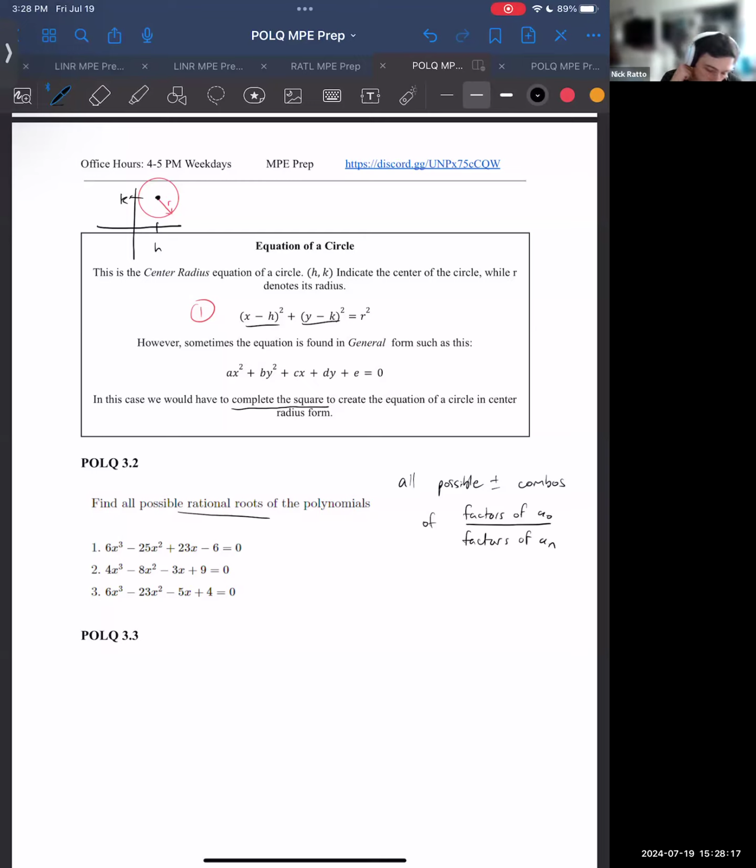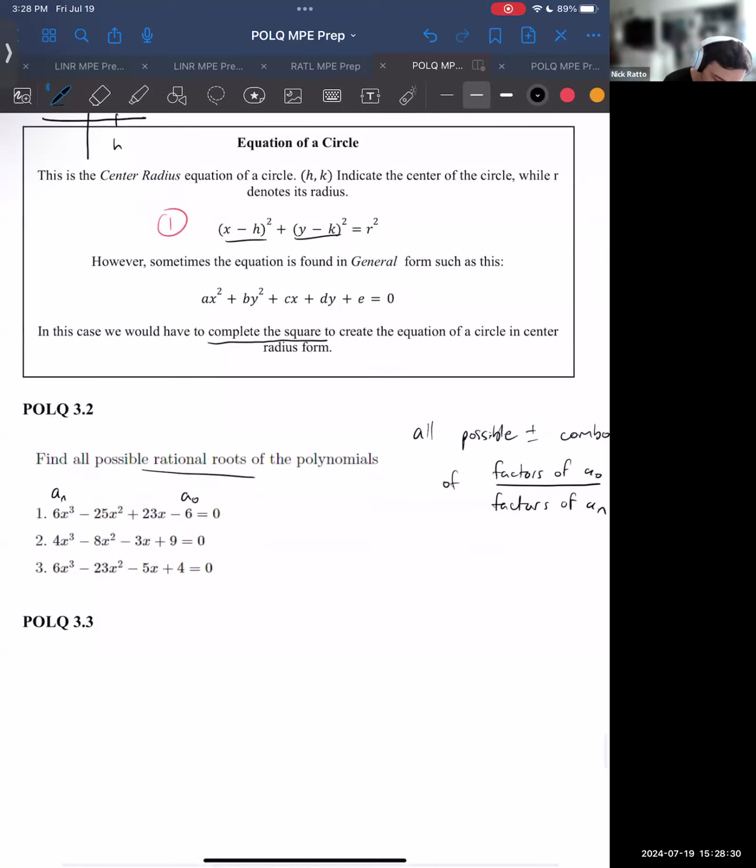So first thing we got to do is find those factors. This guy's a0. This guy's an, in this case a sub 3 probably. So for problem 1, a0 equals minus 6. An equals 6.